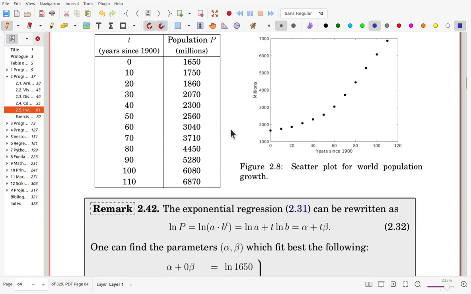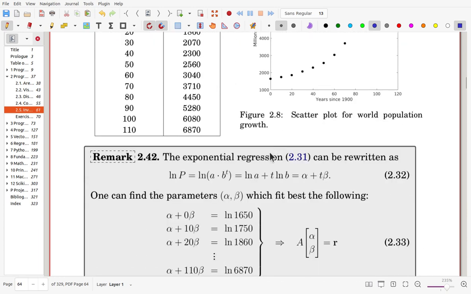To solve the problem, P is a times b to the t. Then we take the logarithm of both sides, because solving this directly is a little bit complicated, so we transform this problem into logarithm space.